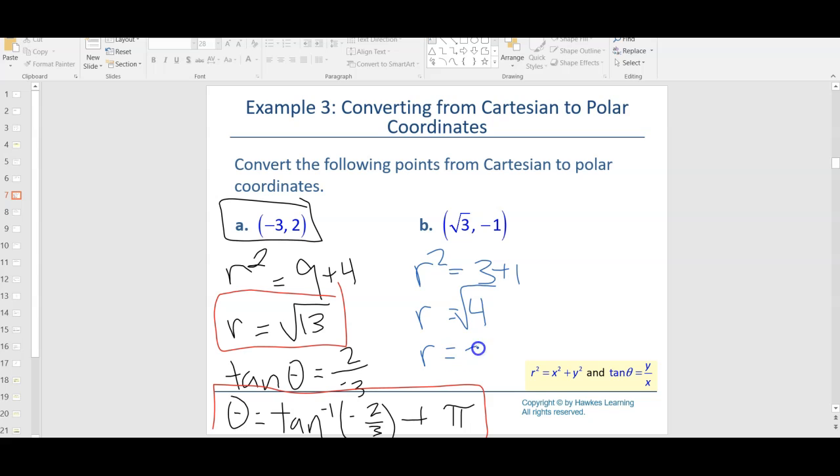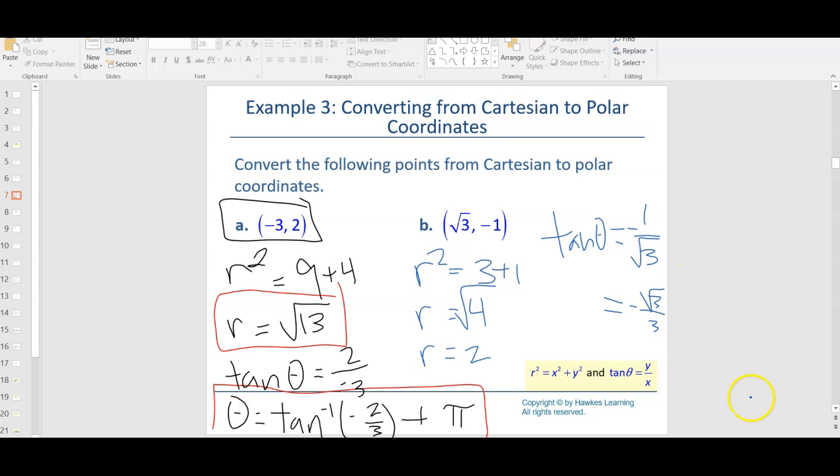So r equals 2. And then the tangent of theta is equal to -1 over the square root of 3, or you may know that as negative square root of 3 over 3. All right, same thing.